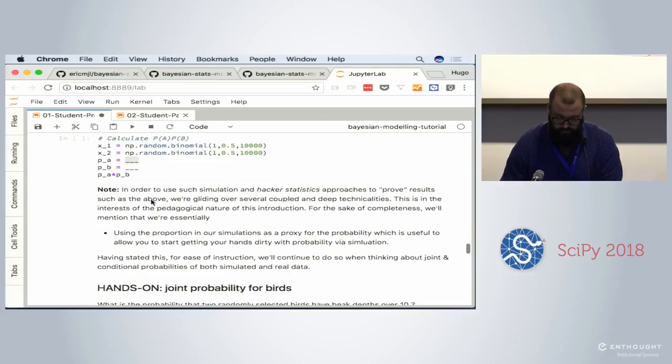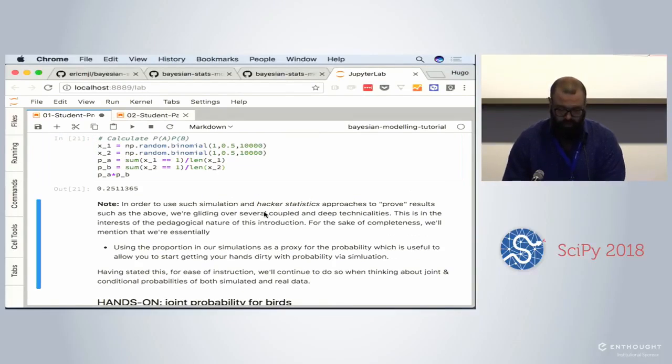What happened there? Okay, I was in the wrong cell. Probability here is x1, we want to be equal to 1. We want to see one head, and then we want the same for x2. And once again, we see around 25%, okay?